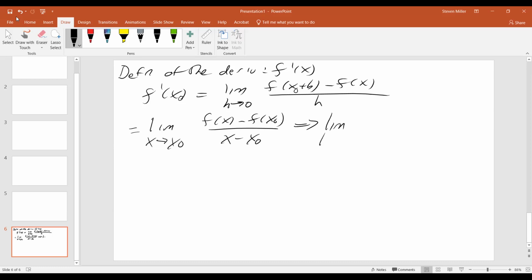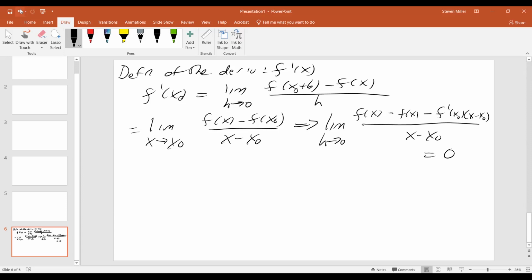So we want the limit as h goes to 0 of f of x minus f of x naught minus f prime of x naught times x minus x naught, over x minus x naught, equals 0.